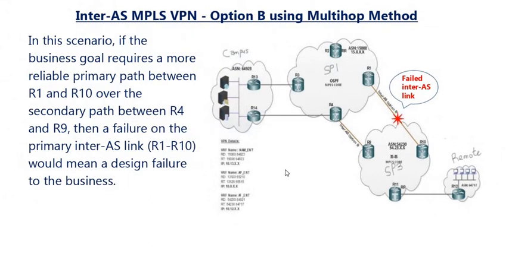Now, take a scenario for instance. Imagine that you have only a single path and you have this failure. Exactly what will happen is that the traffic will then flow through the secondary backup path.